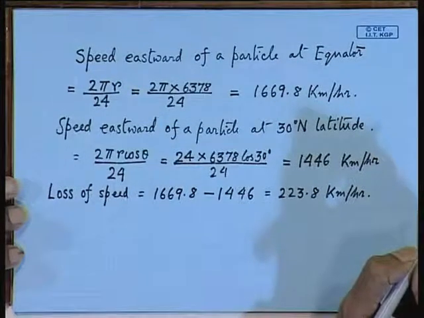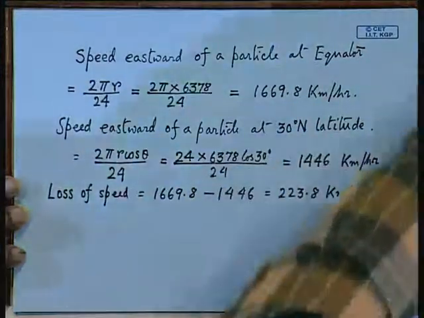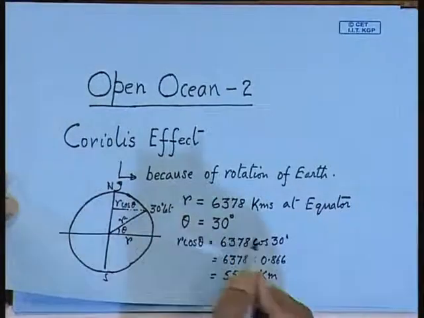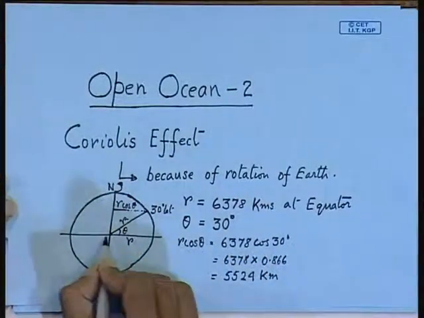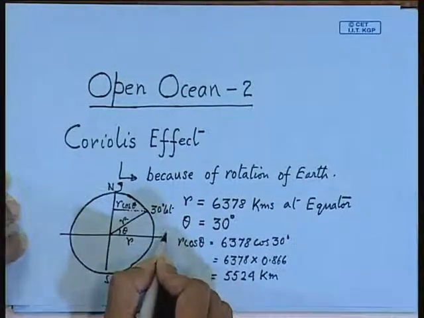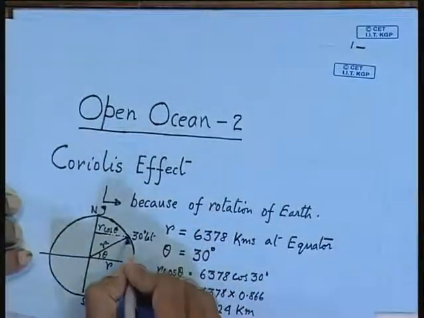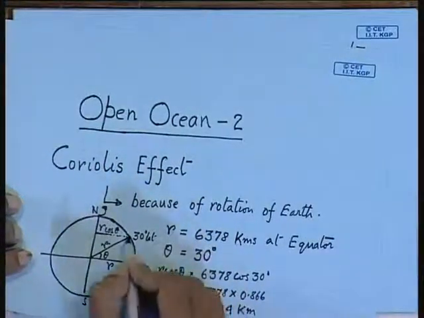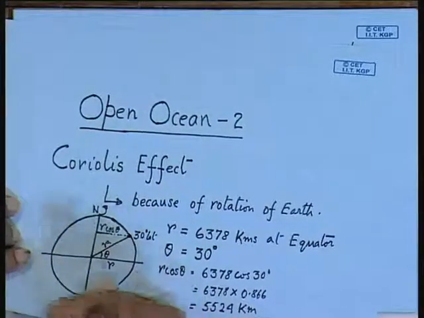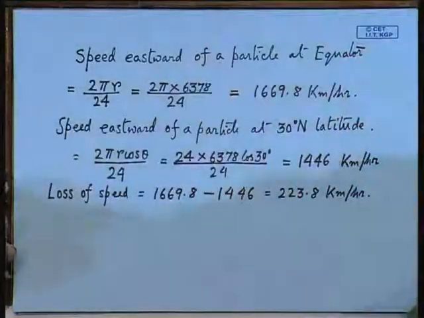So, that means a person who is at the 30 degrees north latitude sees a particle going towards the right at 223.8 kilometers per hour. If you consider the 30 degree latitude to be stationary, you see a particle fly past like this towards the right. So, that is what is happening.